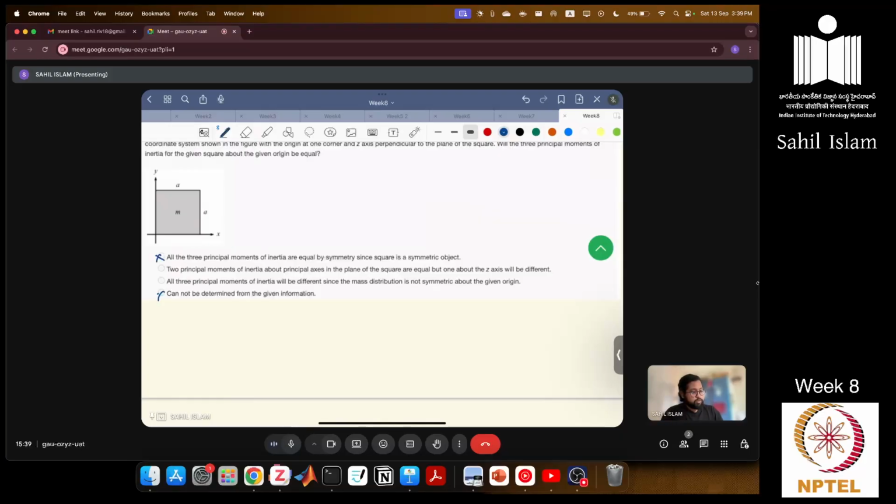Now, two principal moments of inertia about the principal axes in the plane of the square are equal, but all three are different because the mass distribution is not symmetric about the given origin. This is the right answer, because the mass distribution about this origin is not the same. If the mass distribution is not the same, then the moments of inertia will not be equal. If the origin was like this, then it would have been the same.